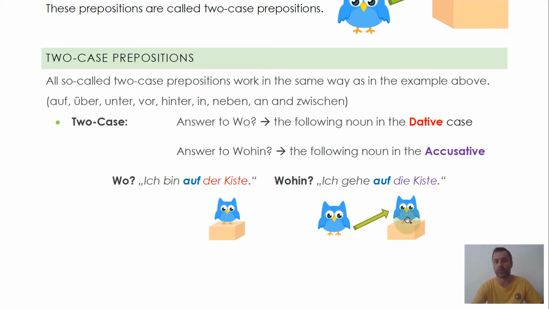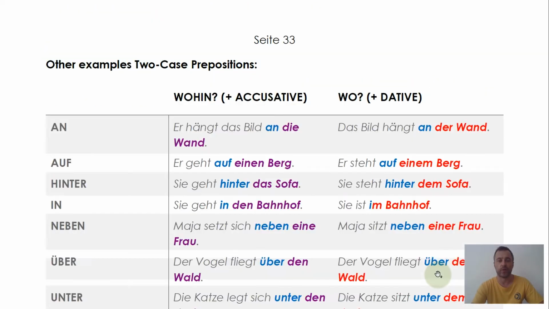Here we describe the movement from A to B, while here we are describing the position itself. That's no movement, so dative, but this is a movement, and pay attention, very important, a movement from A to B. Then we use the accusative. More examples in the two-case preposition video for you.